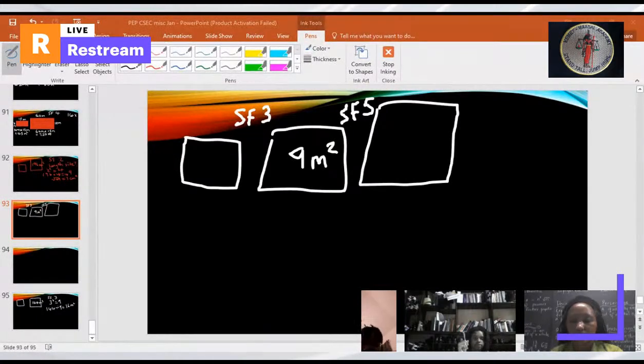So 3 times 5 is 15, and 15 times 15 is 225 meters squared. So you're saying for the large one is 225? Yes, miss. But miss, when you find the square root of 225 meters squared.